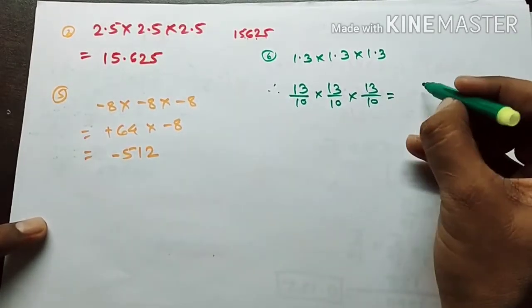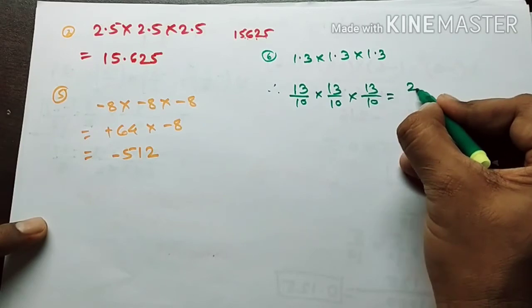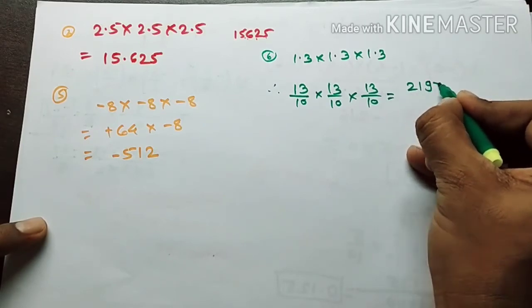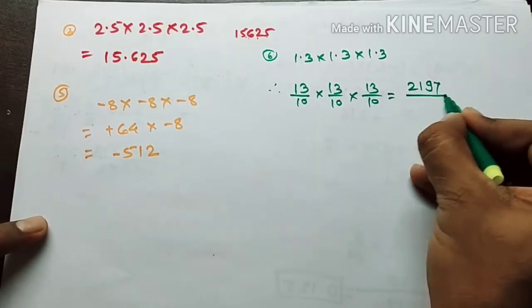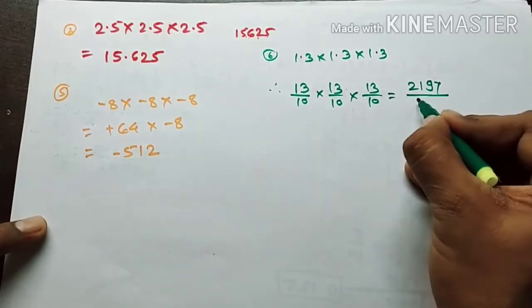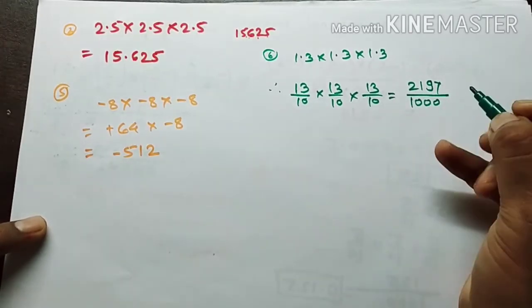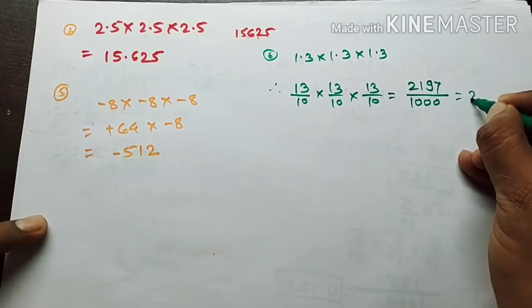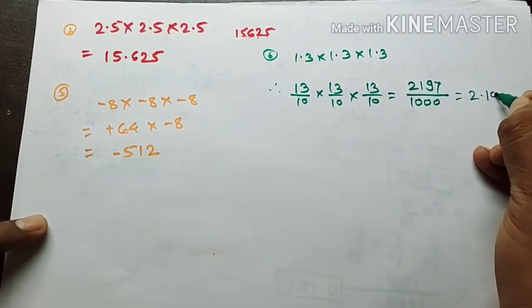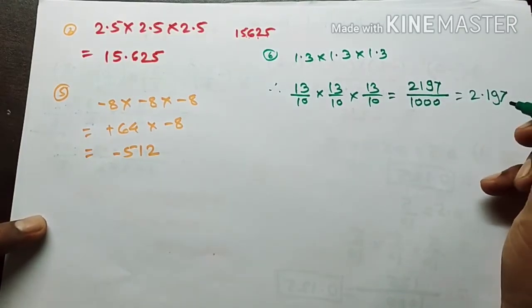We get 13 into 13, 169, and then 2197, over 1000. We get the answer 2.197.